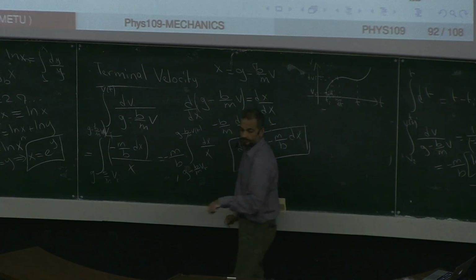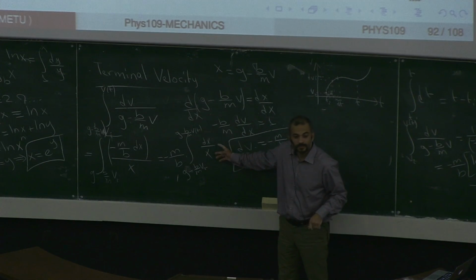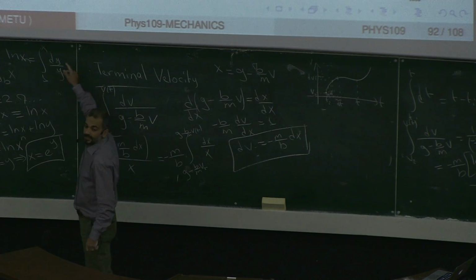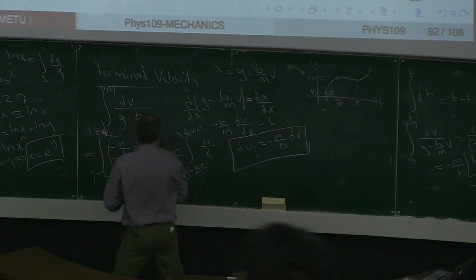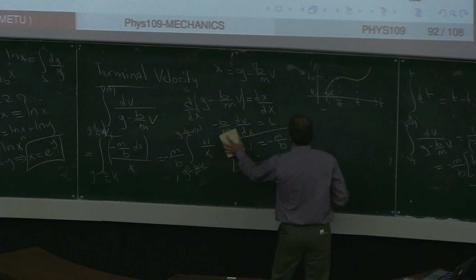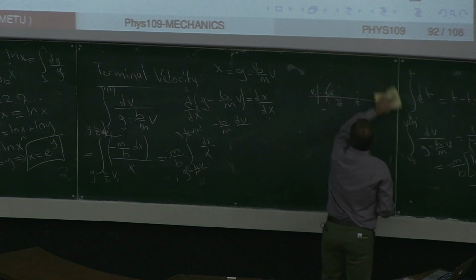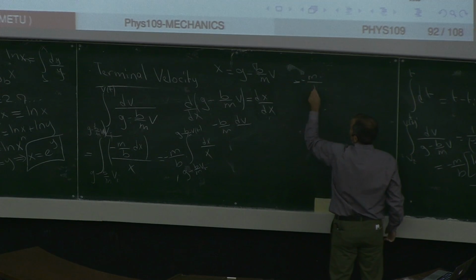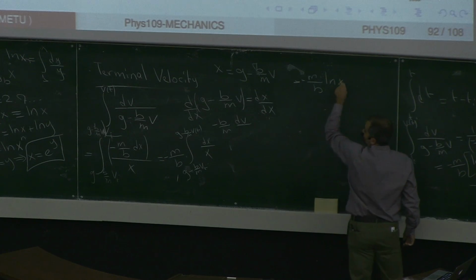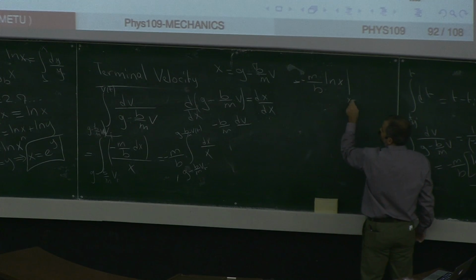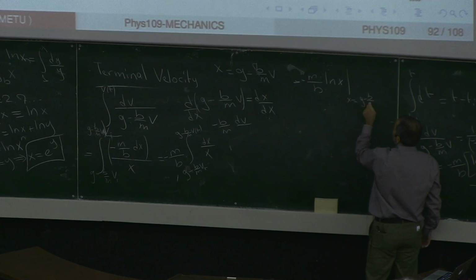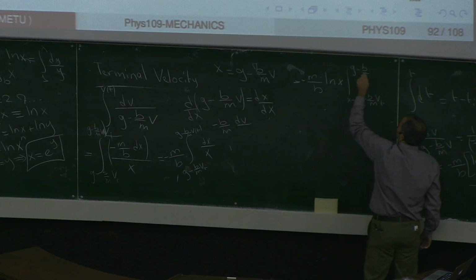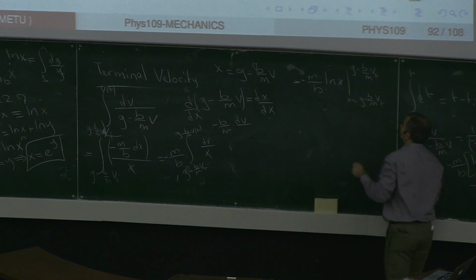dx over x. Now the integral of dx over x is nothing but the logarithm of x. That is how we define the logarithm function. It is equal to minus m over b logarithm of x as x changes from g minus b over m ve up to g minus b over m vt.